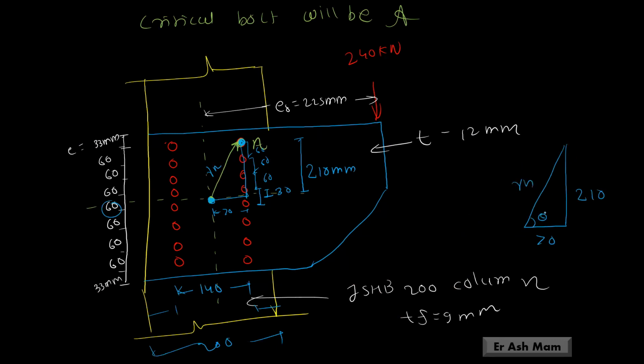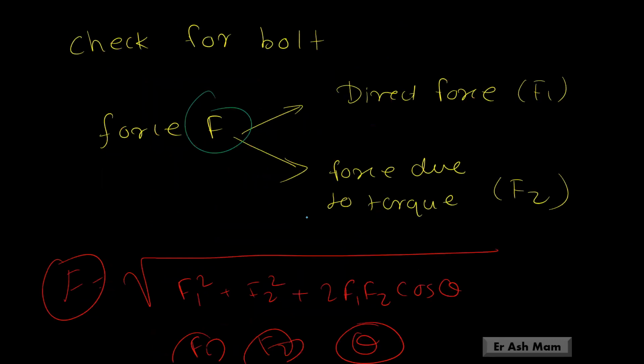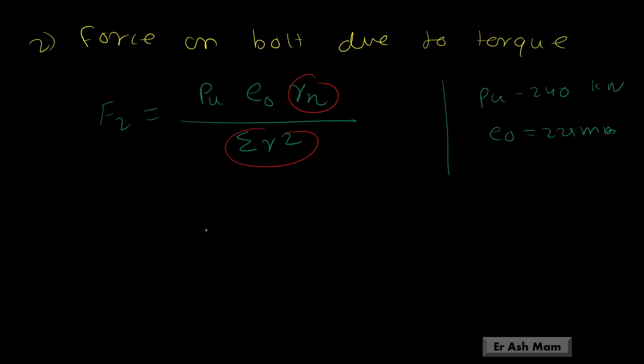And this is theta. With the help of this triangle, we can calculate Rn by applying the Pythagoras theorem. Drawing the same triangle one more time: theta, Rn, this side 210 and here 70.